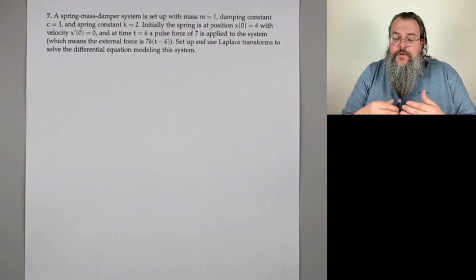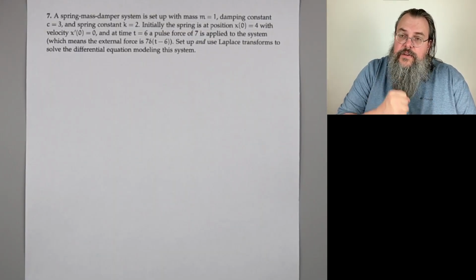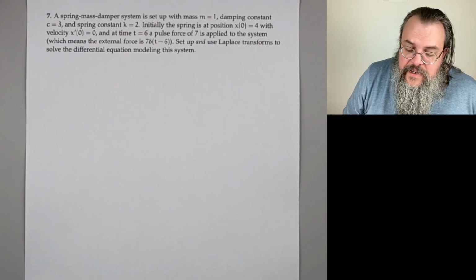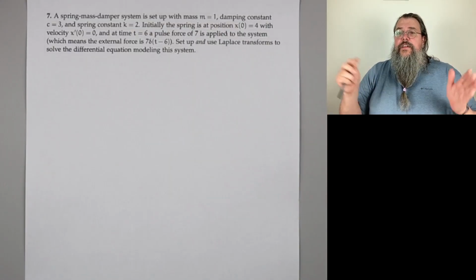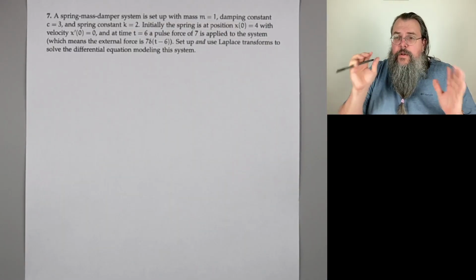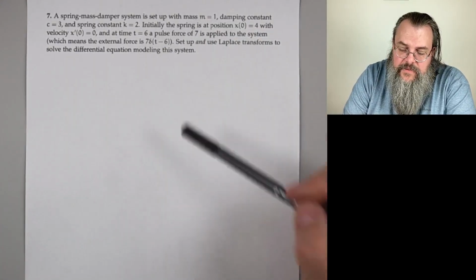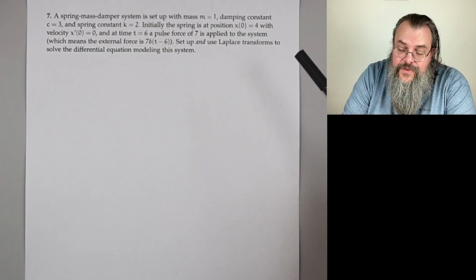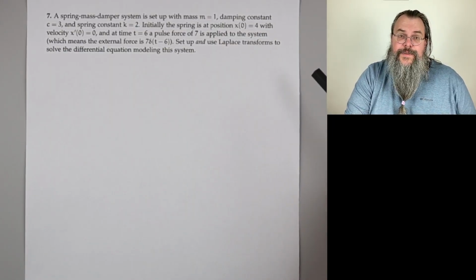And then at time t equals 6, a pulse force of 7 is applied to the system, which means that the external force is 7 delta t minus 6. So it's a pulse force. That means it's a quick, and then only that 1 instant. So that's a delta function. And then we have a 7. All right, so set up and use Laplace transforms to solve the differential equation modeling this system.